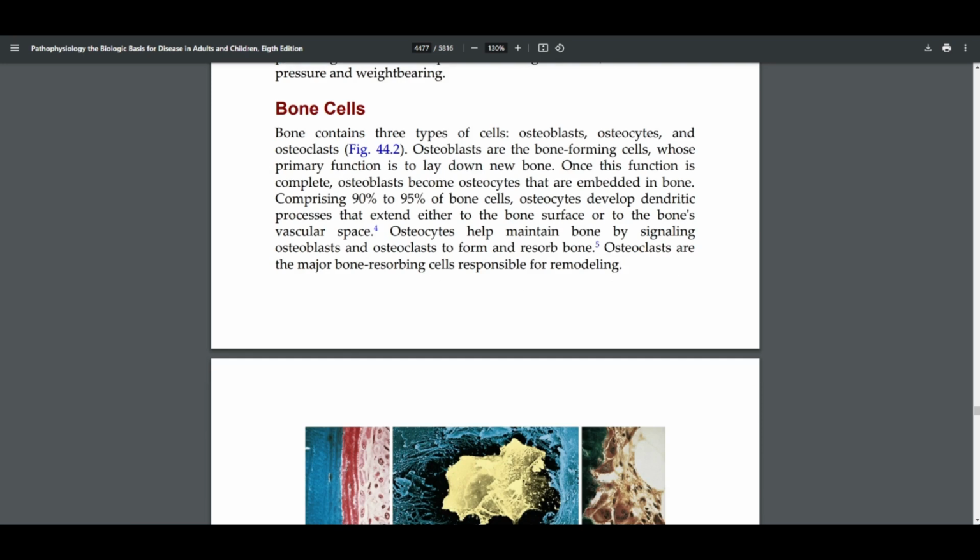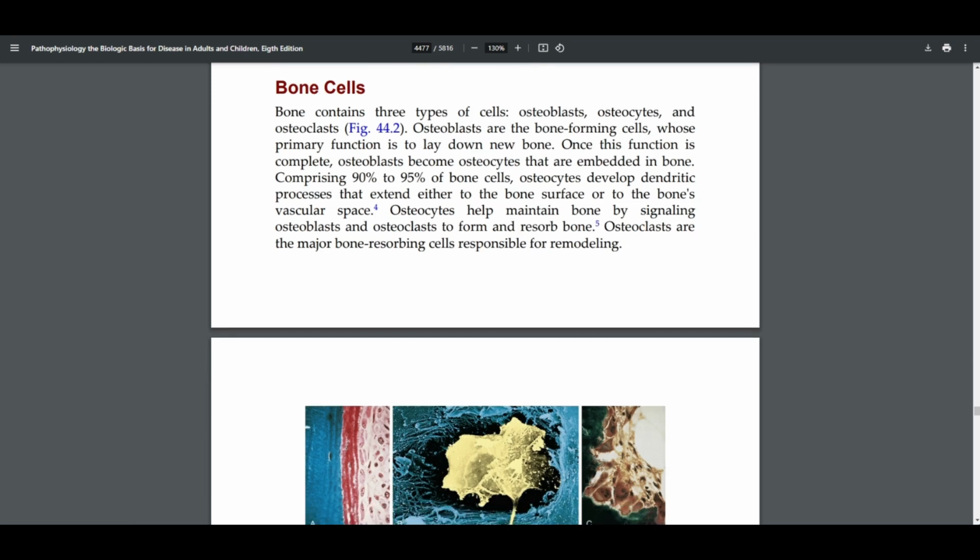Your bone cells. Bone contains three types of cells: your osteoblasts, your osteocytes, and your osteoclasts. Osteoblasts are the bone-forming cells, whose primary function is to lay down new bone. Once this function is complete, osteoblasts become osteocytes that are embedded in bone, comprising 90 to 95% of bone cells.